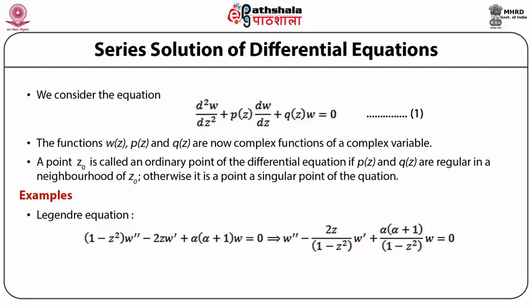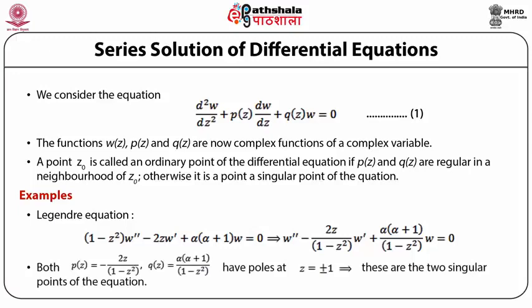Both p(z) = −2z/(1 − z²) and q(z) = α(α+1)/(1 − z²) have poles at z = ±1. Hence, z = ±1 are two singular points of the equation and the rest are all ordinary points.